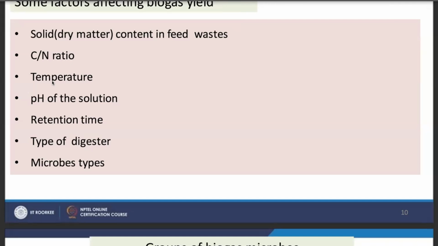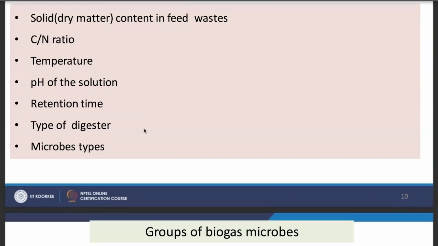If our raw material is very rich in fatty acids or short chain fatty acids, and we are subjecting it to bacteria which do not know how to utilize these acids, we are not going to get any biogas or any product out of it. So the selection and the type of microbes at each step is one of the crucial steps for getting a better yield at the end of the whole anaerobic digestion process.